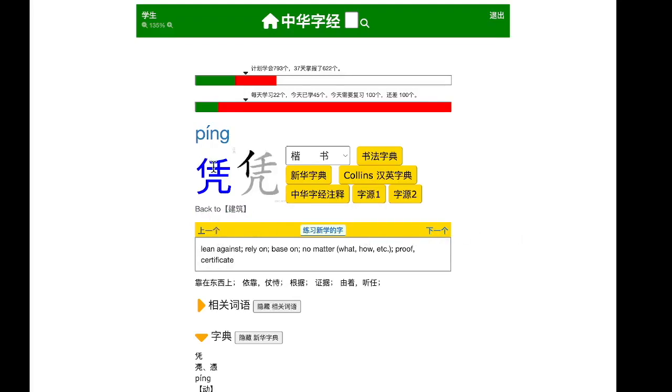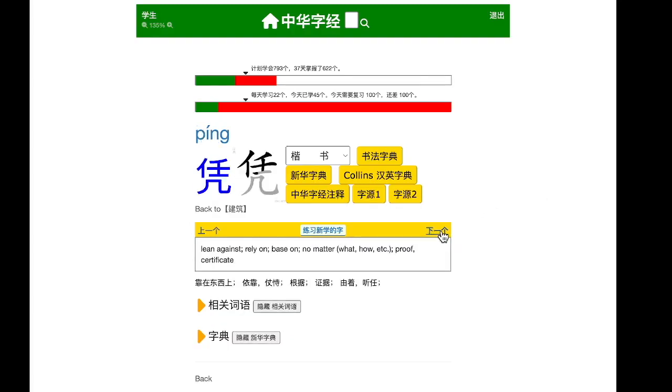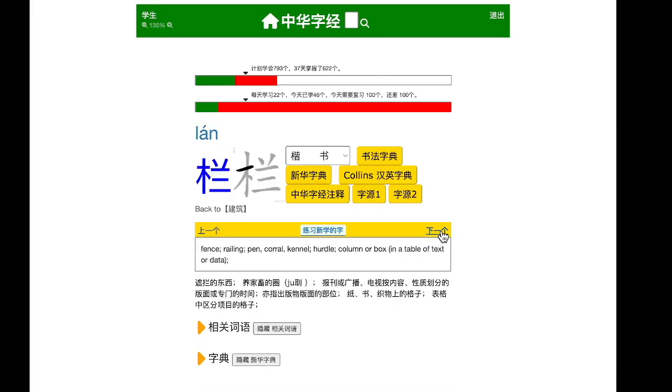So this is used for those sorts of basis in a more abstract sense, where 靠 is generally very literal for leaning on something physically, or at most abstract would be emotionally, and it's not really for concepts and logic like ping is used.